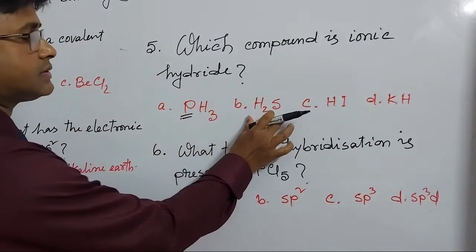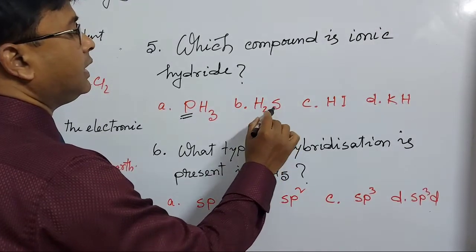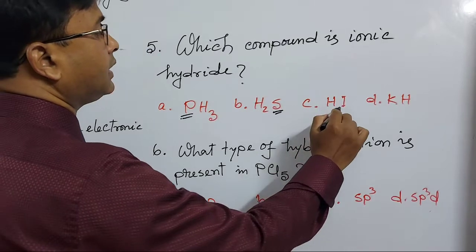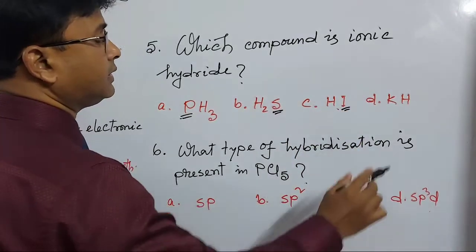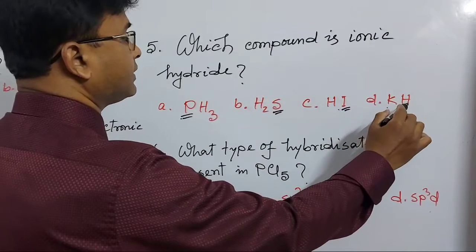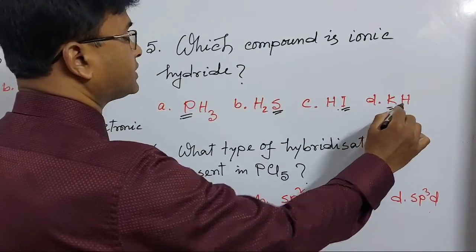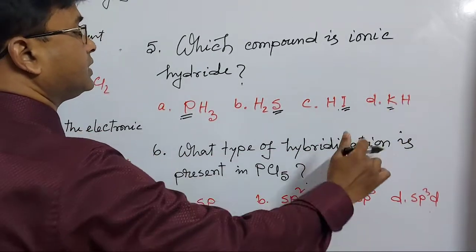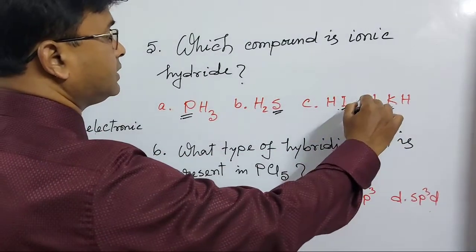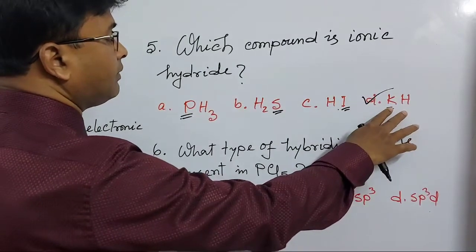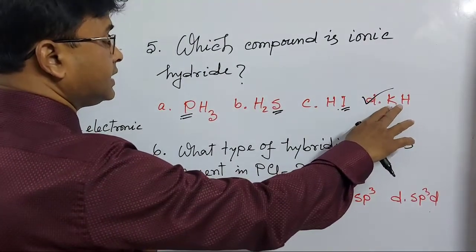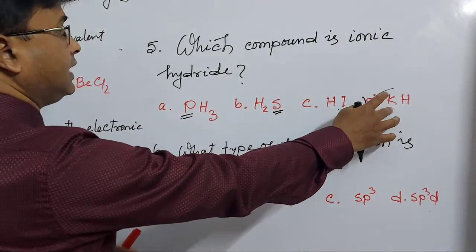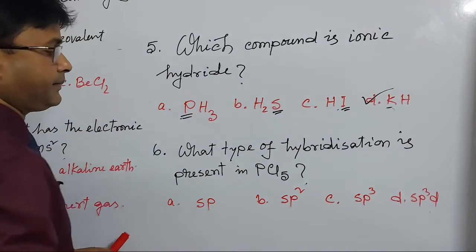And here hydrogen sulfide, sulfur is a non-metal, hydrogen iodide, iodine is a non-metal, but potassium hydride, here potassium is a metal. So this metal combines with hydrogen to form potassium hydride, as the molecule contains a metal and hydrogen is a non-metal. That's why this is an ionic hydride.